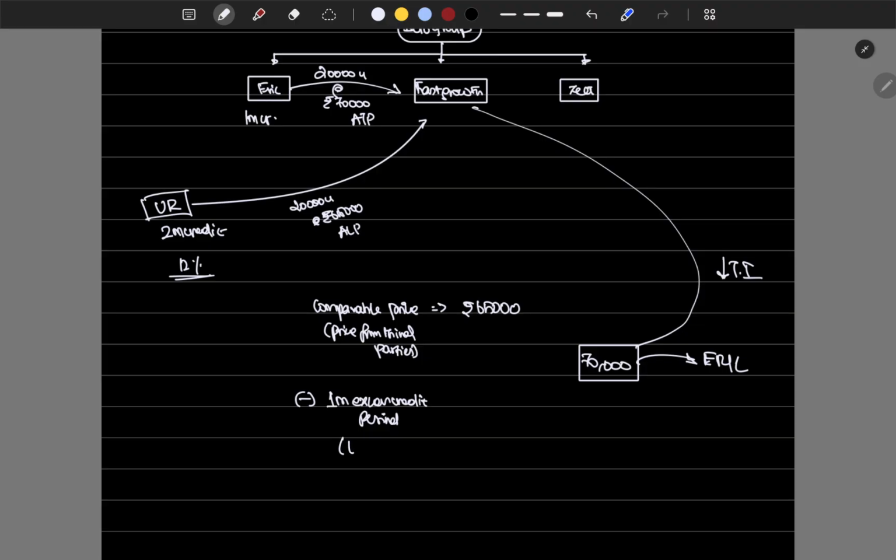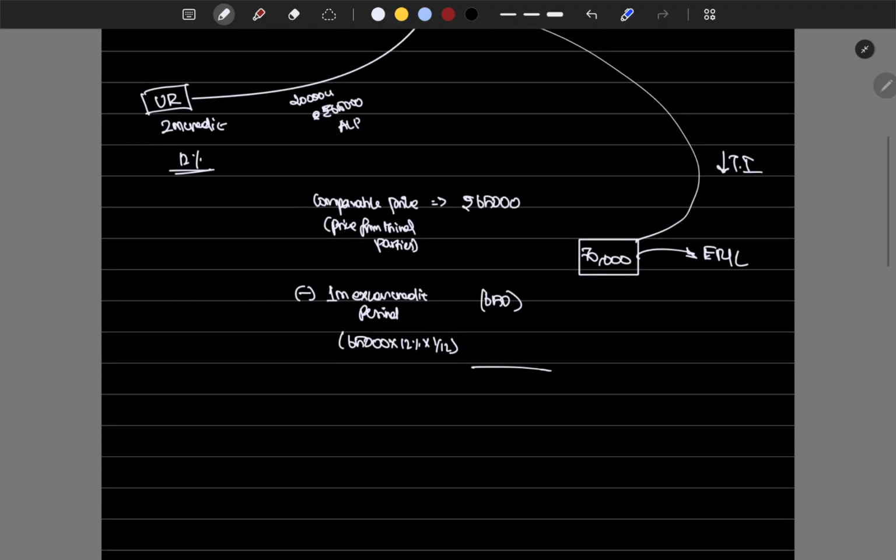How much? 65,000 into 12% into 1 by 12, which is 650. Subtract it. So the actual arm's length price will be 65,000 minus 650, which is 64,350.